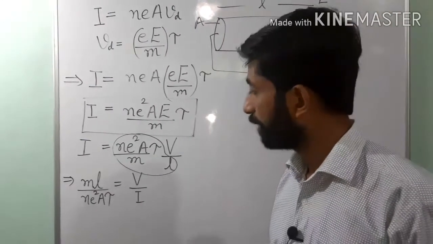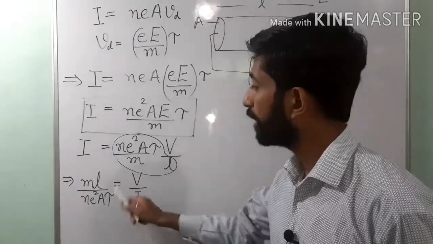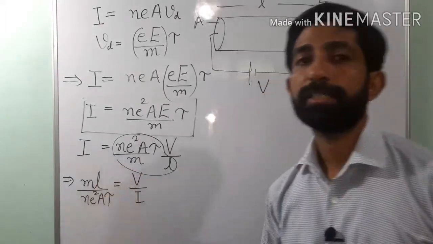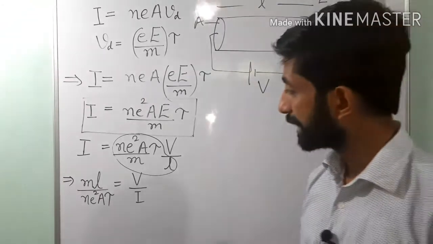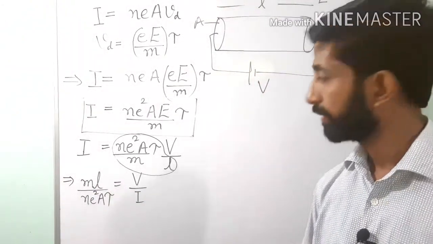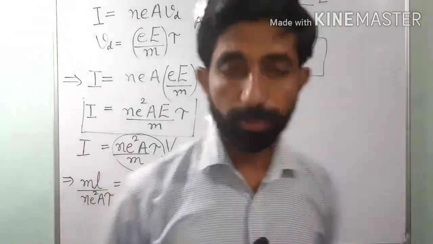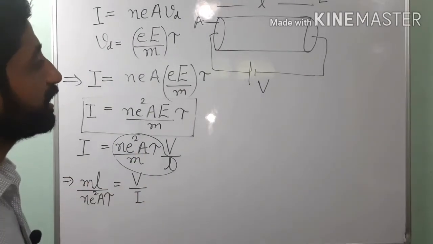So if temperature of the conductor remains constant, then tau will remain fixed, and rest of the quantities for this particular conductor will be constant. So obviously the left hand side completely becomes a constant. That is V over I is equal to a constant, and according to Ohm's law, that constant is known as what? Resistance of the conductor.